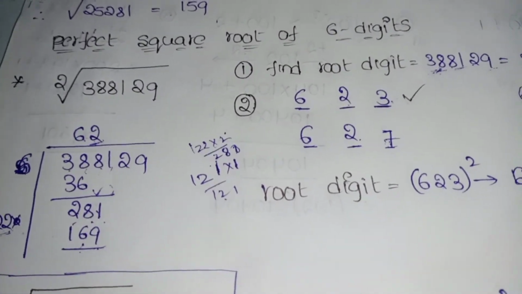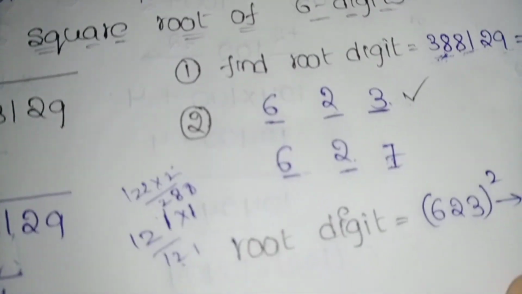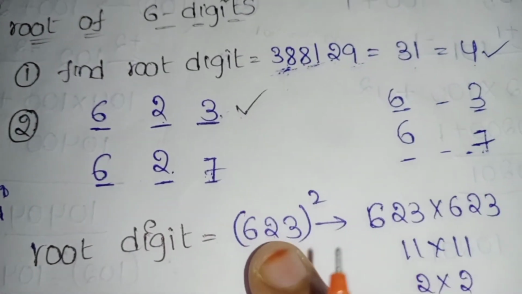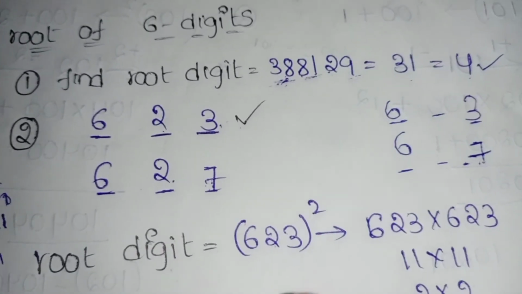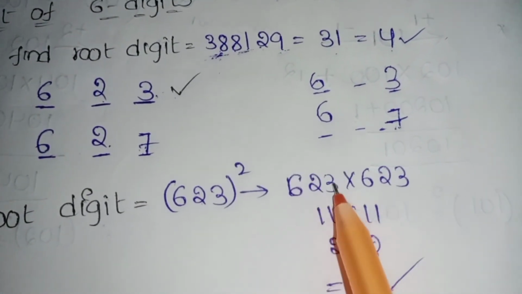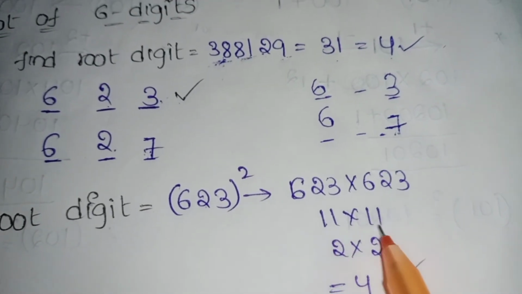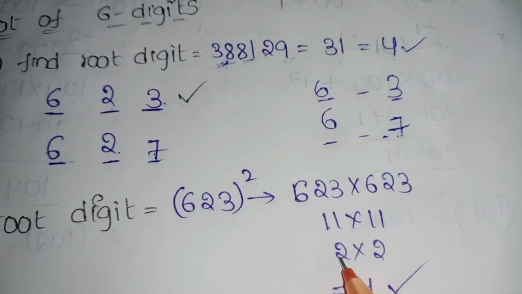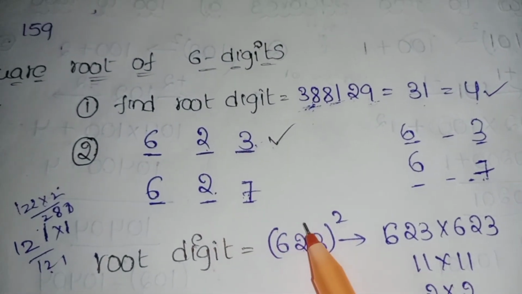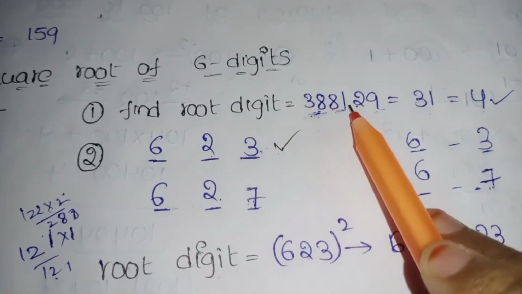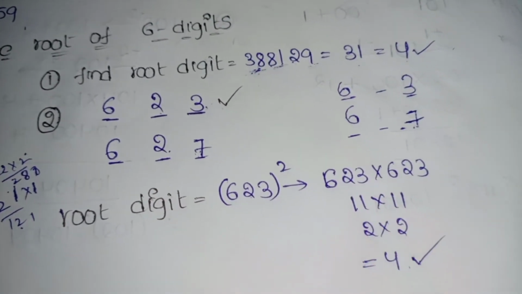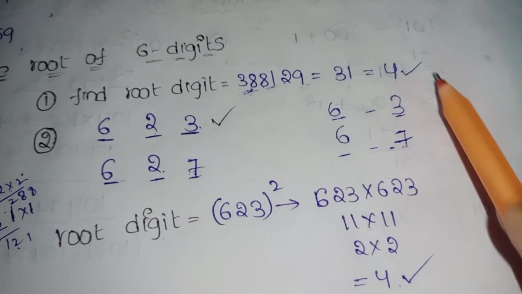First you have to find the root digit. We know how to find the root digit of a square number. 623 squared: the root digit of 623 is 11, and 11 into 11 gives 2, and 2 into 2 is 4. So 4 is our root digit, and the root digit of our number is also 4. So these are equal.